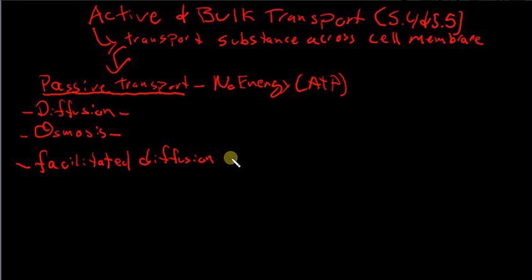objects or molecules are still moving along their concentration gradient from high to low, but in facilitated diffusion, if this is our plasma membrane, so we've got our hydrophilic heads and our hydrophobic tails of our plasma membrane.